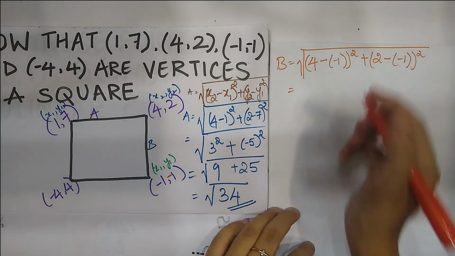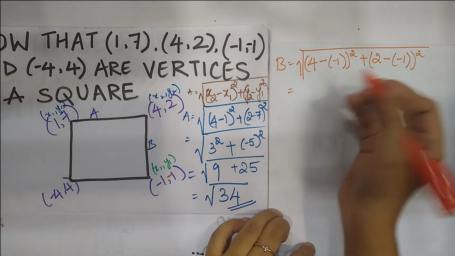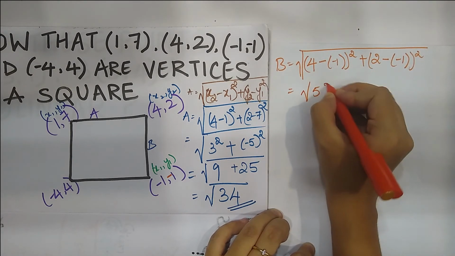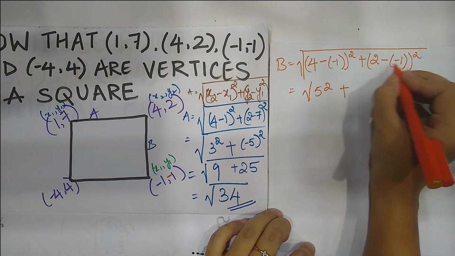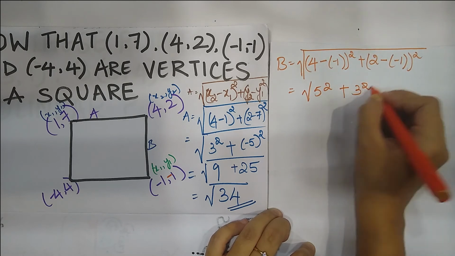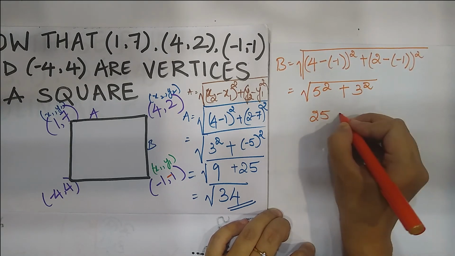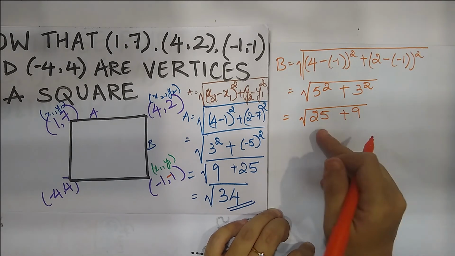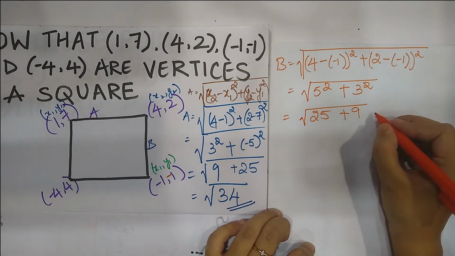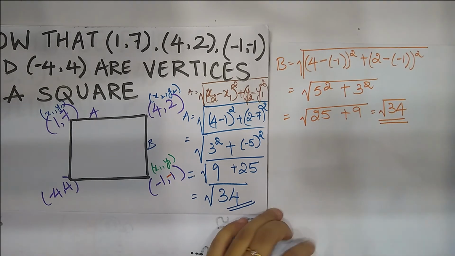Minus of minus is plus, so 4 plus 1 is 5, so 5 square, plus 2 plus 1 is 3, so 3 square. 5 square is 25, plus 3 square is 9, all under the square root. 25 plus 9 is 34. So the distance of B is also square root of 34.